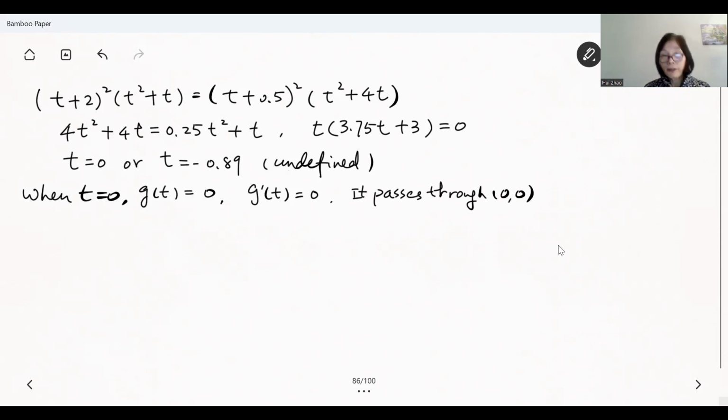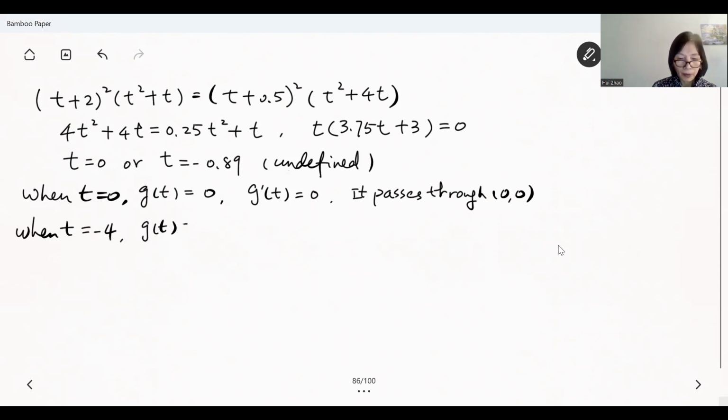Right? And for the left side, the end point is when t equals negative 4, right? t equals negative 4, find the y.